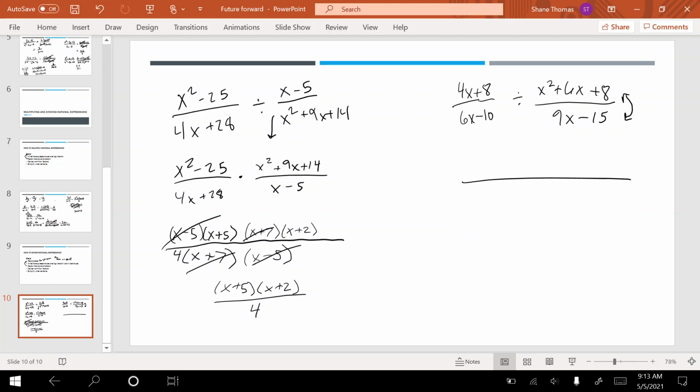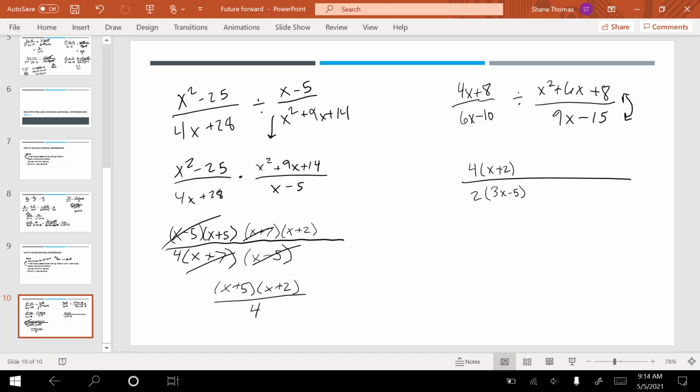Top left, 4x plus 8. Is there anything I can factor out? Bring out 4, leaving me with x plus 2. Bottom left, anything I can factor out? 2, leaving me with 3x minus 5, right? Now, since I'm flipping the second part, I'm going to factor the 9x minus 15. Can I factor that?